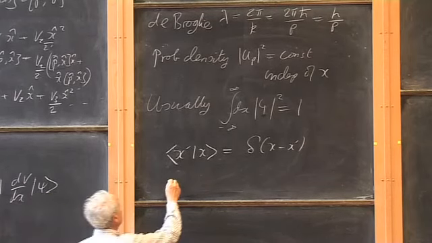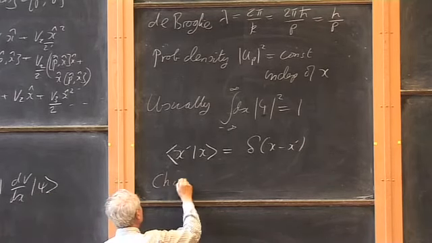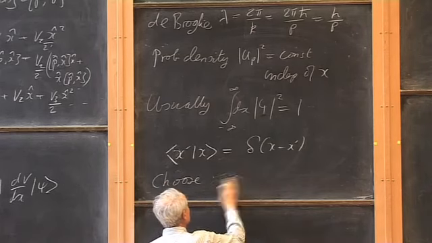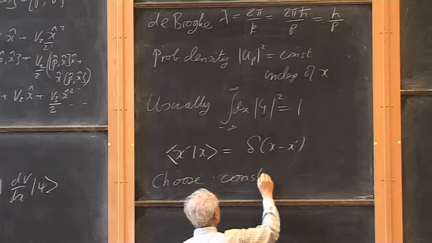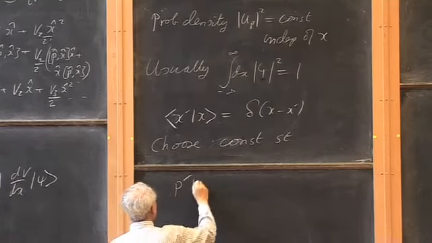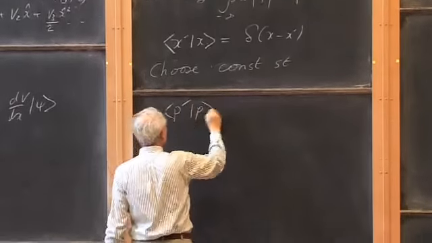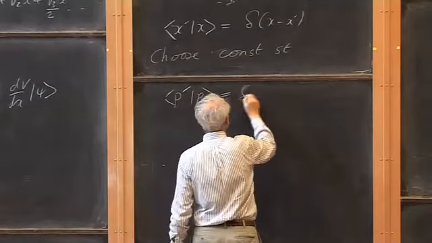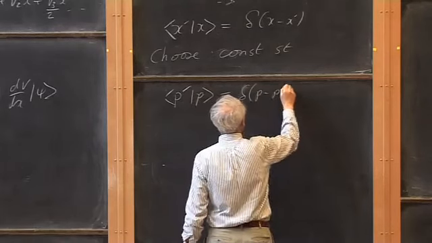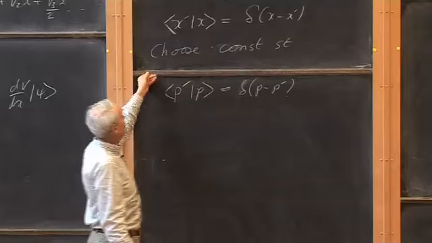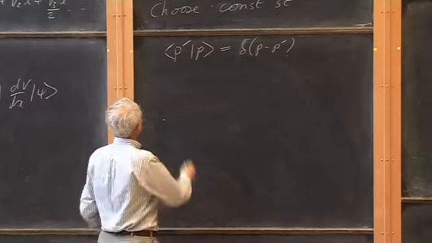So we want to choose the normalization constant such that <p'|p> equals, sorry, not 1, delta of p minus p', by precise analogy with that. So that's something that's fairly straightforward to do.